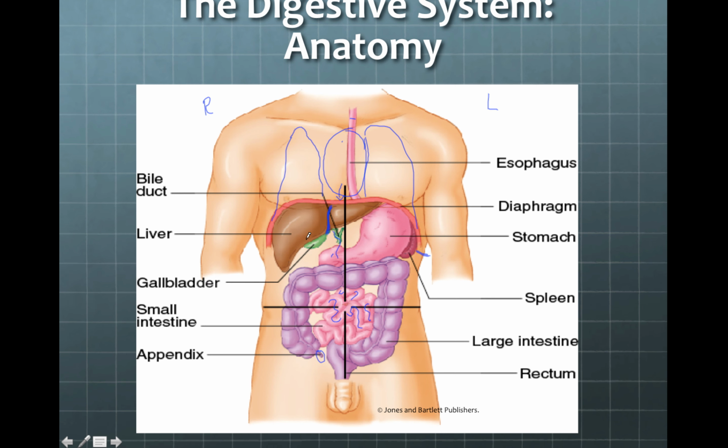And then behind these organs is what's called your retroperitoneal space. So retro meaning behind, peritoneal meaning this area. This is your peritoneum.